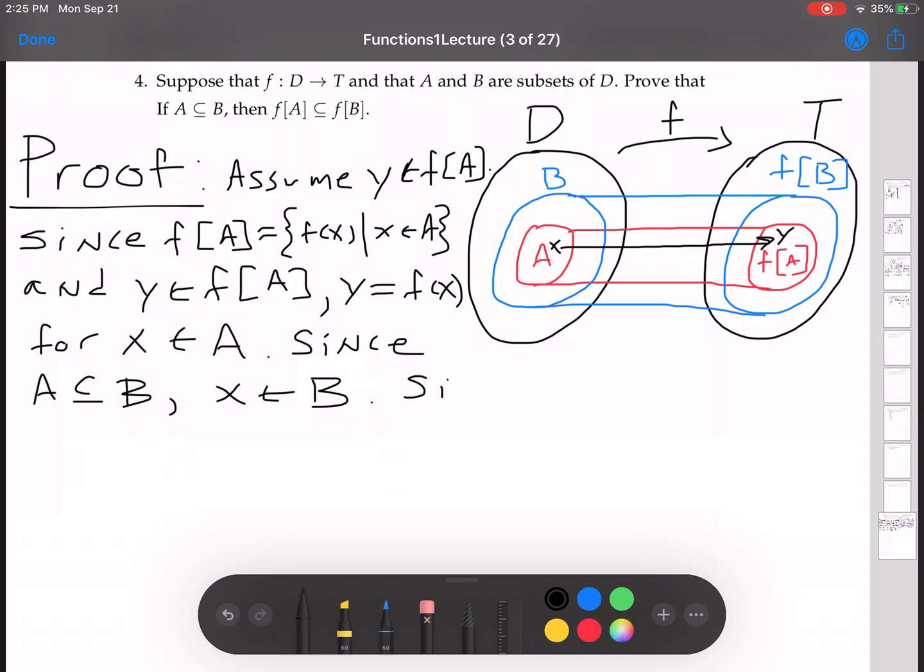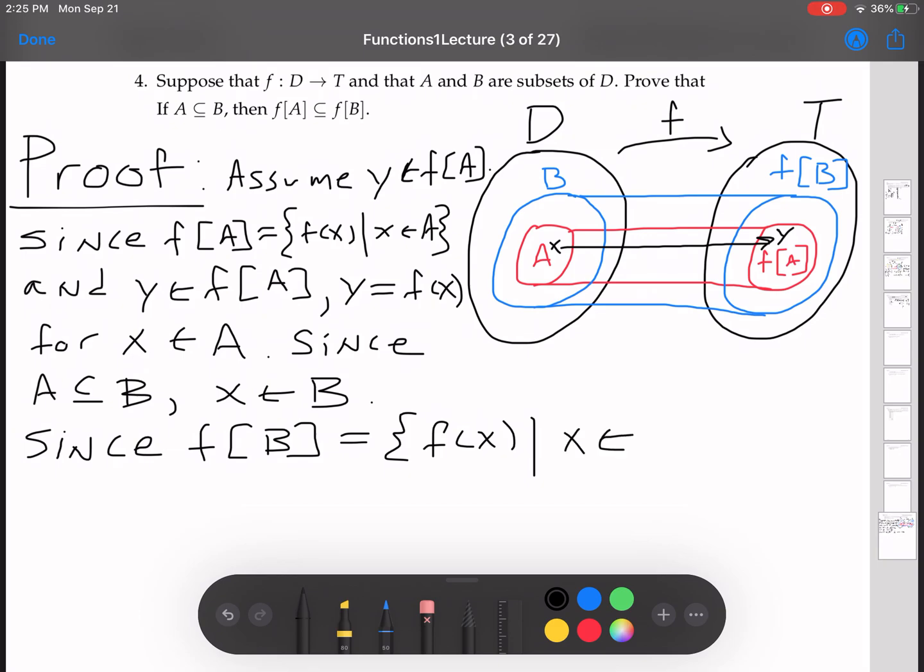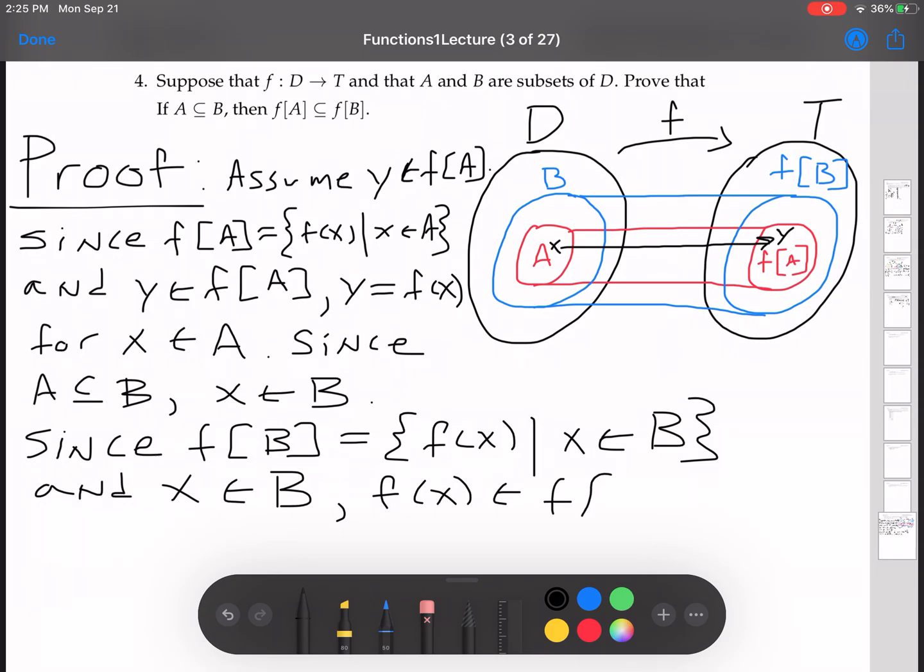Okay, let's say since f of B is all of the f of x's such that x is in B, and x is in B, f of x is in f of B. Now notice what we have above, right?